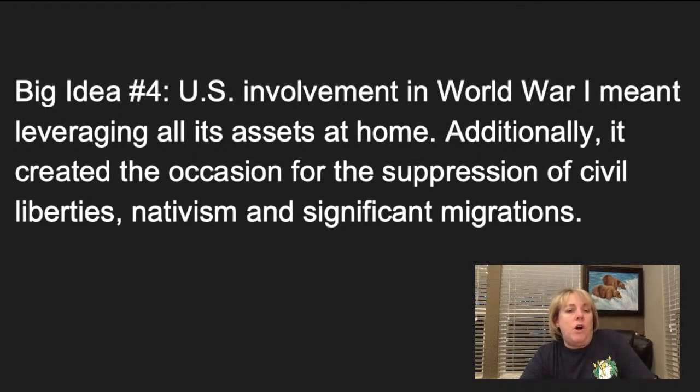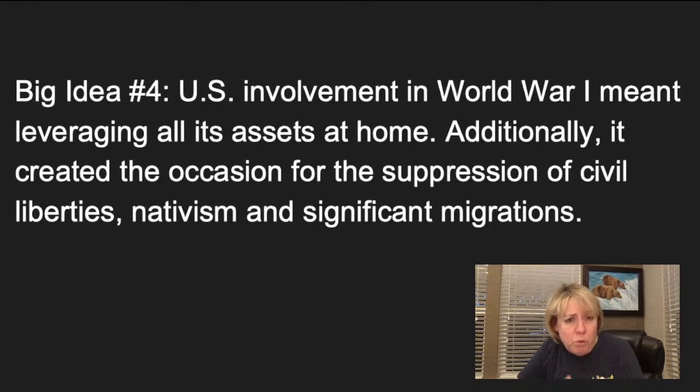It's going to go all the way to the Supreme Court, and what the Supreme Court is going to rule in Schenck versus the United States is this: freedom of speech is not absolute. And the government can limit our civil liberties if there is clear and present danger. So during wartime, our government has the authority to limit our civil rights.